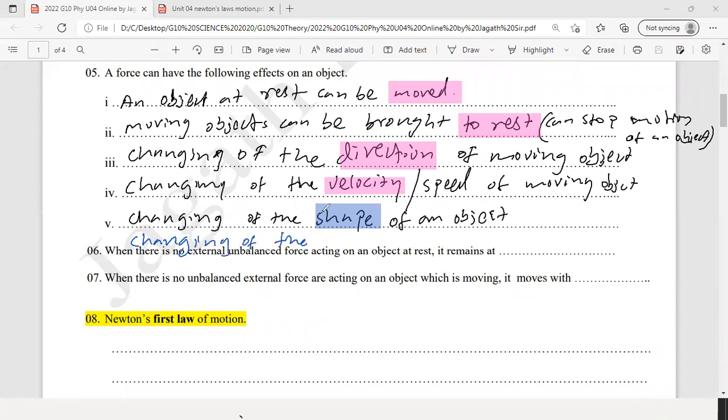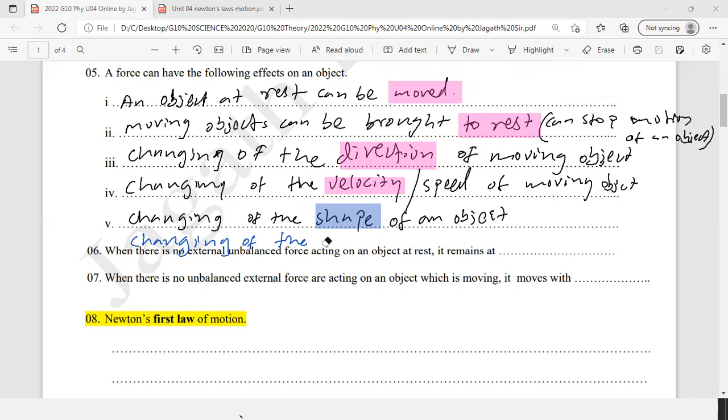Sometimes you can get an MCQ in the oral paper. Which of the following cannot be done by applying a force on an object? They'll give 3 of these and 1 incorrect answer. They can ask an MCQ; once in the oral paper they have asked. Changing of the length of an object.